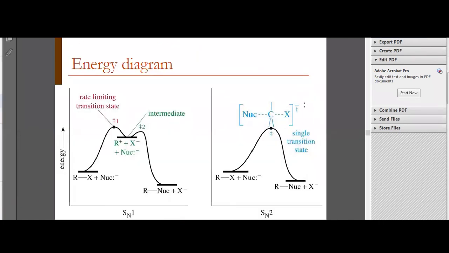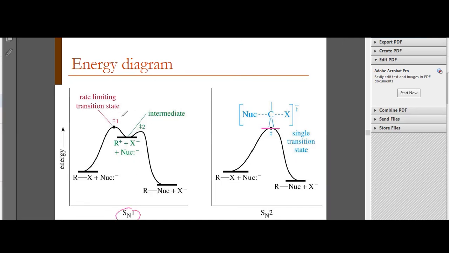Okay, this is the energy diagram for SN1 versus SN2. For SN2, we already know that the pentavalent carbon transition state is at the top of the energy diagram. But for SN1, you can see that there are two peaks here.